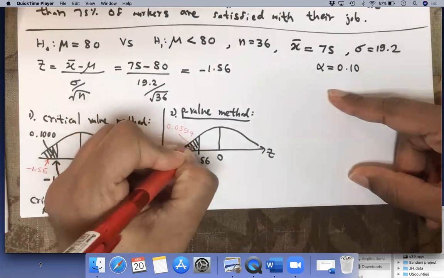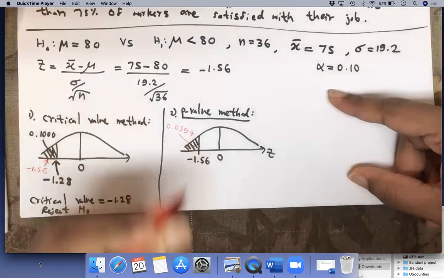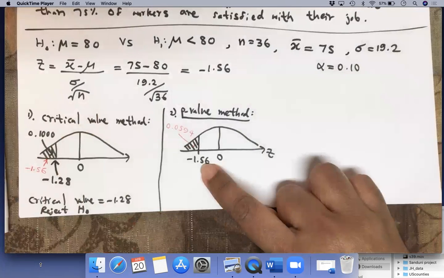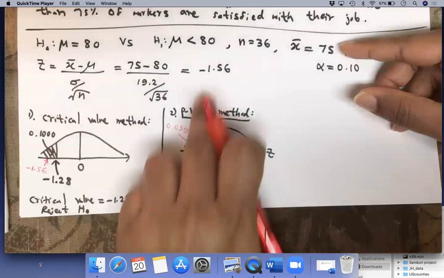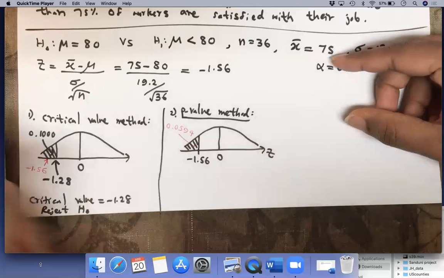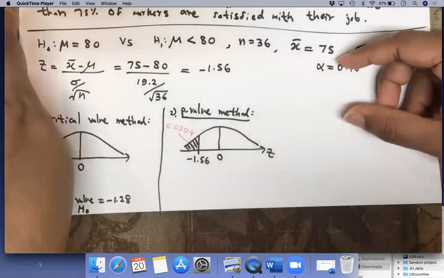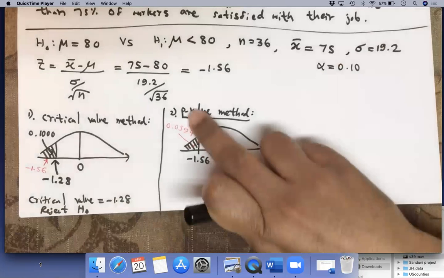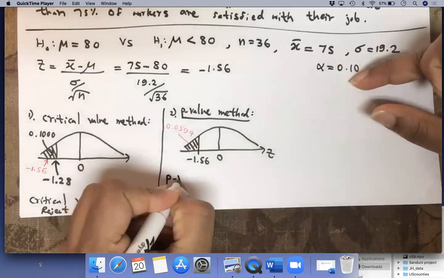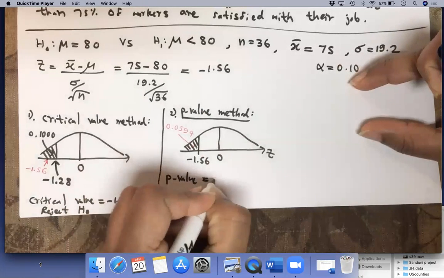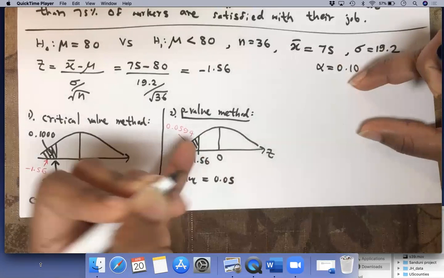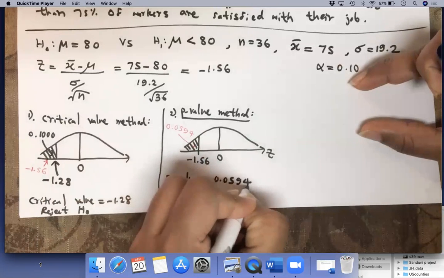That is the left-sided area. Using the test statistic, we got that area. What is this area? That is our p-value. P means probability. Probability means area. So what is our p-value? It is this colored area.